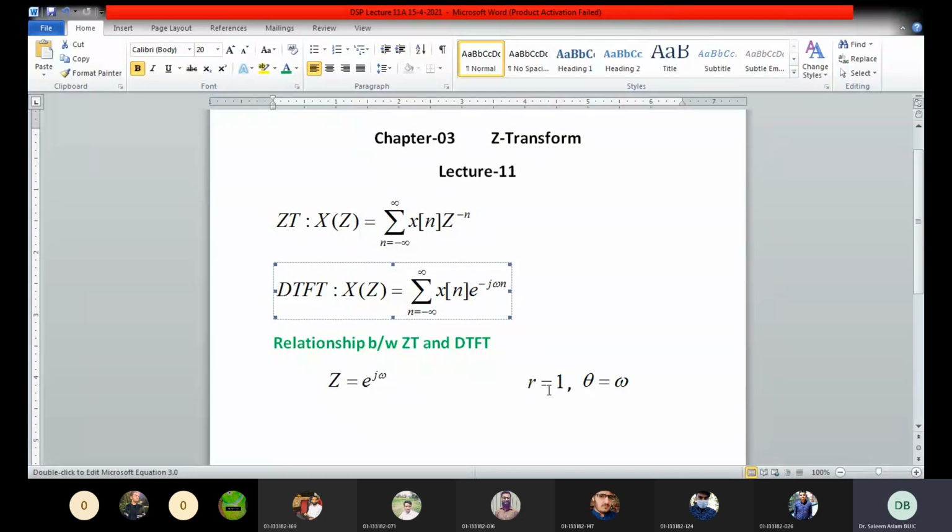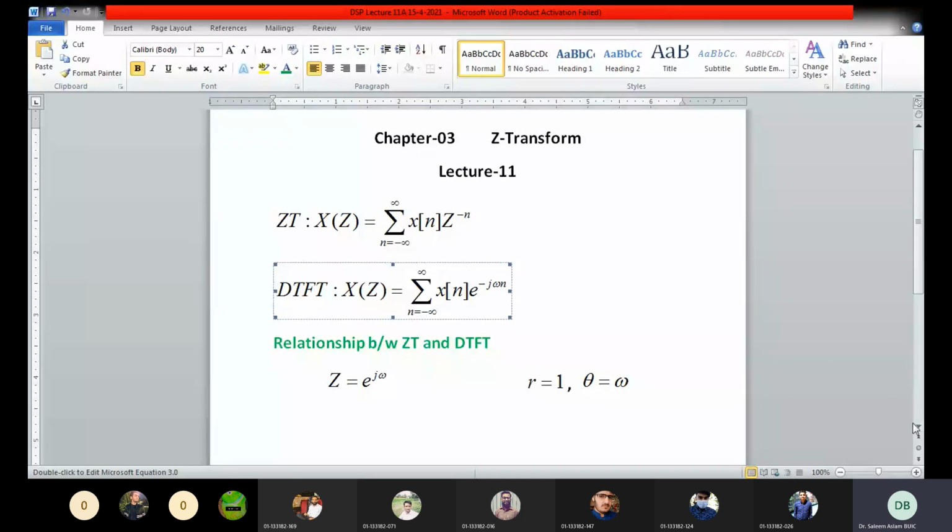So that's why r is equal to 1. Amplitude is 1, and the angle is equal to the frequency axis. So the Z transform is equal to the Fourier transform at r equal to 1.